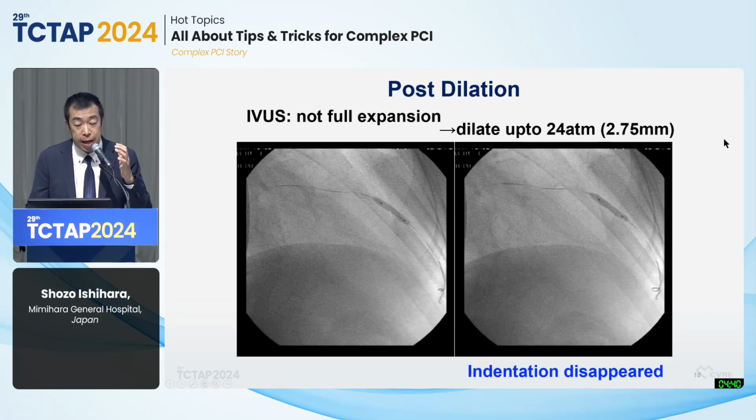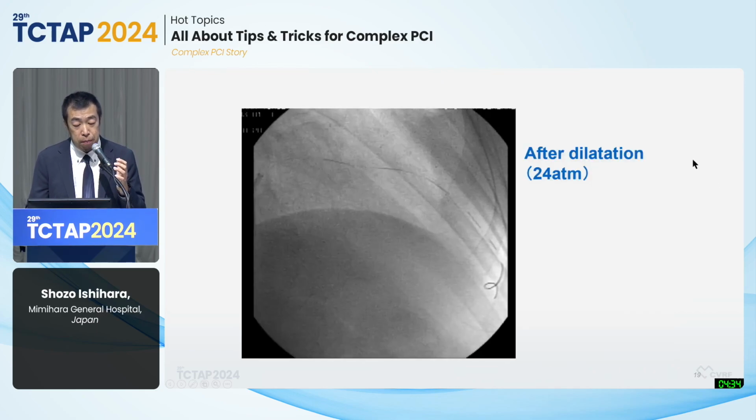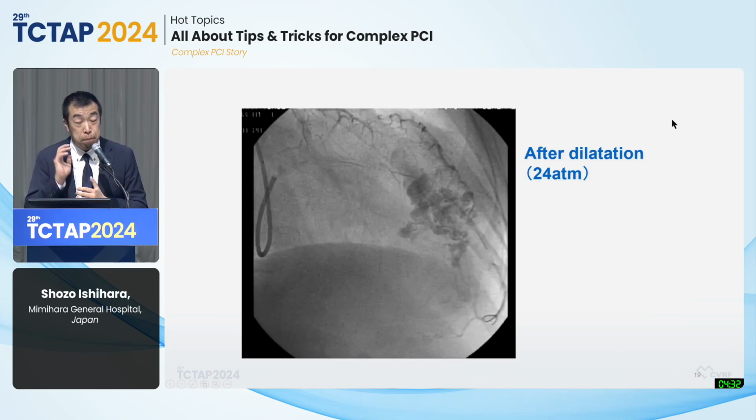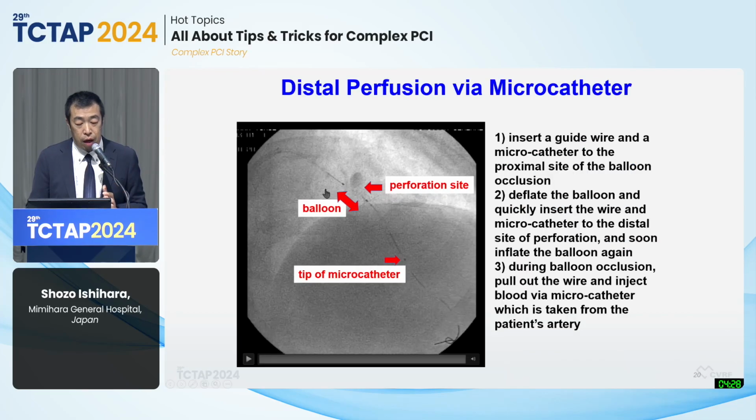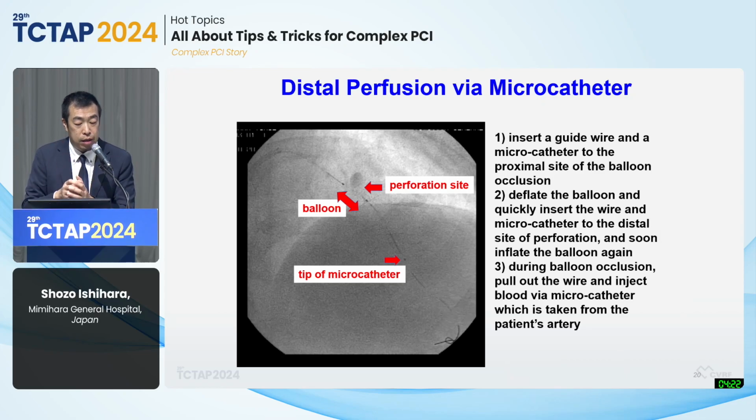After post-dilation with too high a pressure, the indentation disappeared, but we saw serious perforation of the mid-LAD. It's a serious situation. My younger colleague occluded the balloon at that point, but severe ST elevation and chest pain occurred, so we could not continue balloon inflation for a long time.